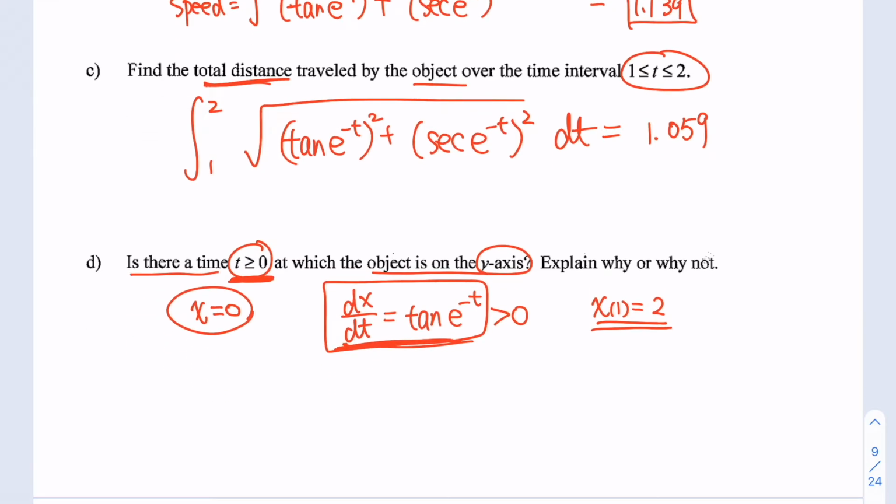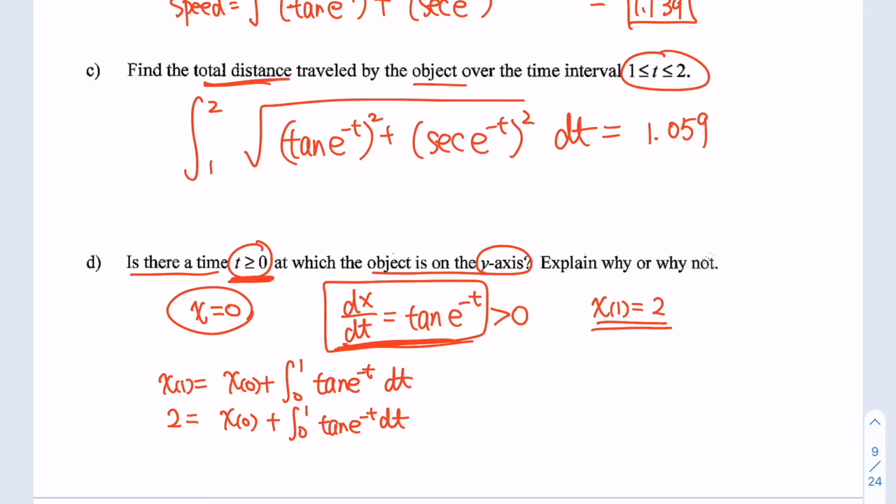So let's have a look at what x of 0 is. Because x of 1 equals x of 0 plus the integral from 0 to 1 of tangent e to the negative t dt. We plug everything in, so x of 1 equals 2. And we evaluate it. We get x of 0 equals 1.224.